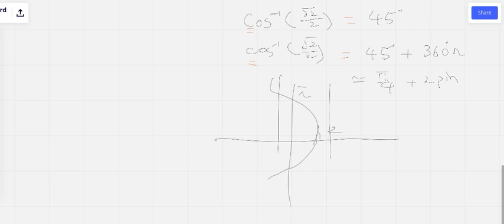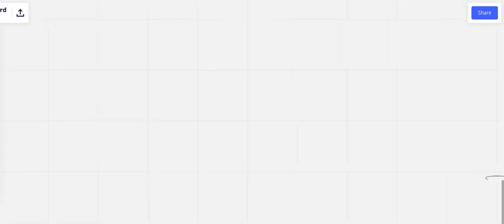If we extend it all the way down to here, this will not be a function because it cannot pass the straight line test. And this introduces the graph of arcsine.